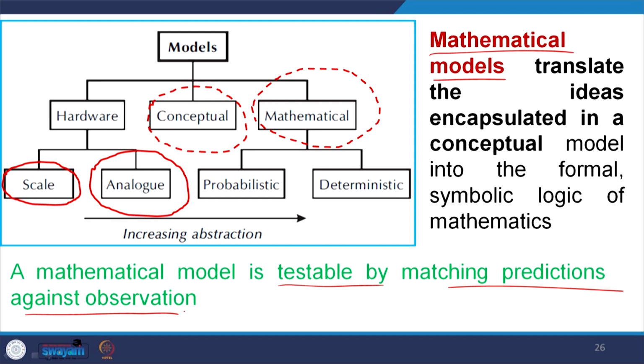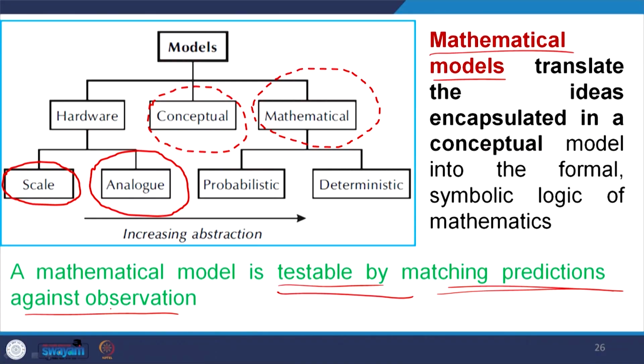If that can be predicted through the mathematical formula and it is proved that the same process is going on here, then this mathematical model is a true model. Otherwise, it is only a mathematical formula, which has no meaning.